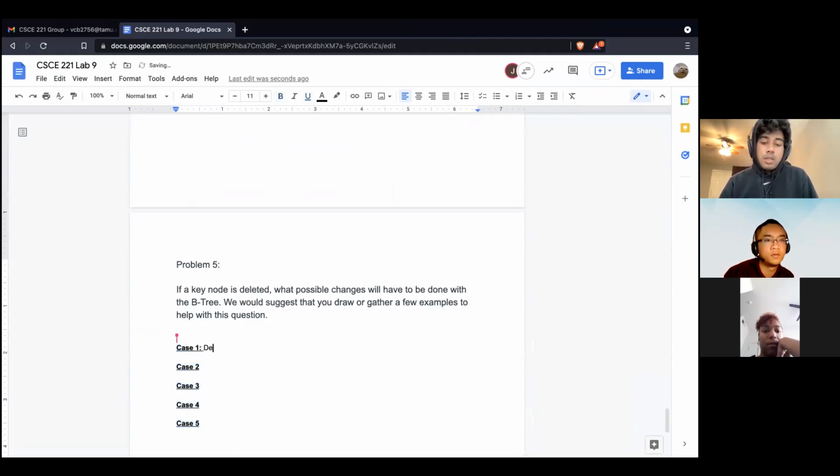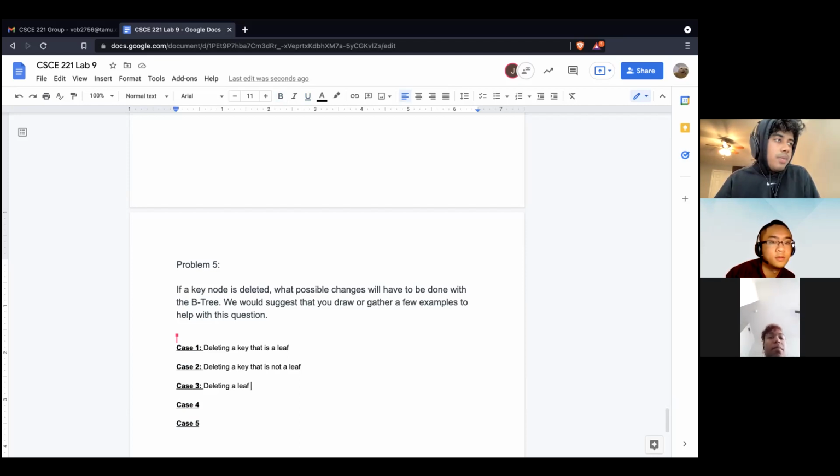Case 1 is deleting a key that is a leaf. Then case 2 is deleting a key that is not a leaf. Wait, hold on one sec. Case 2 is no underflow, case 3 is underflow.